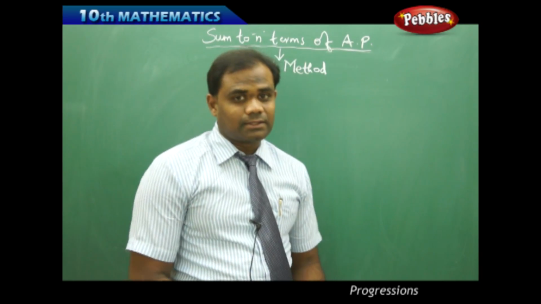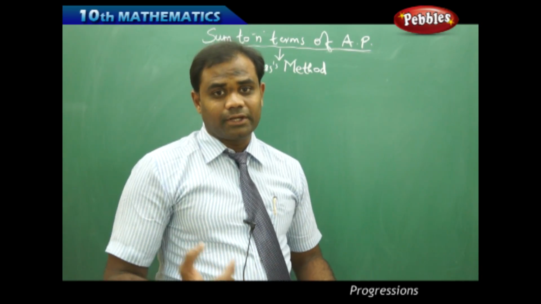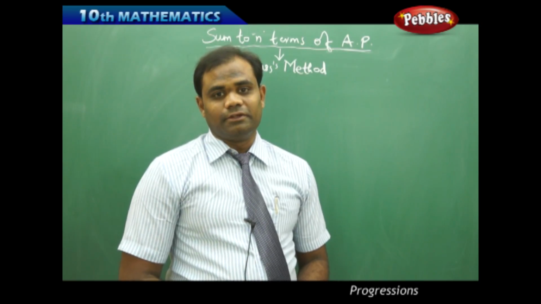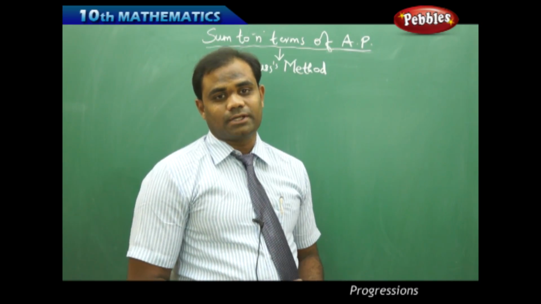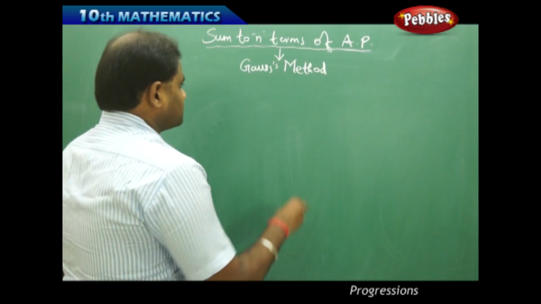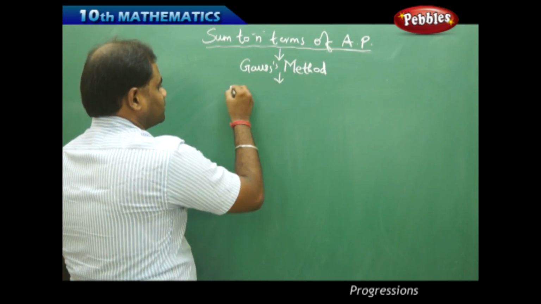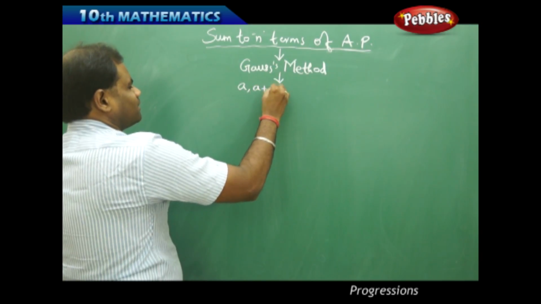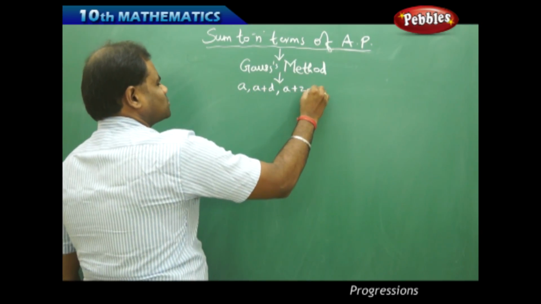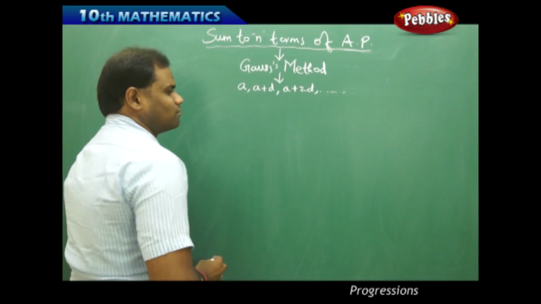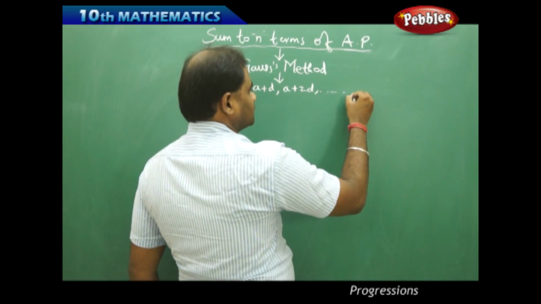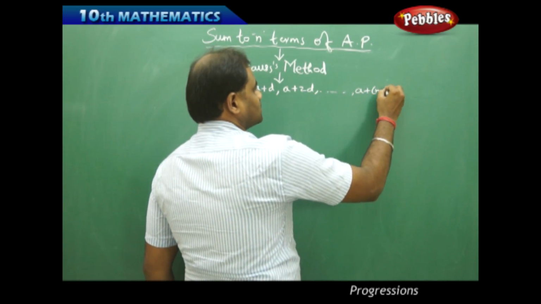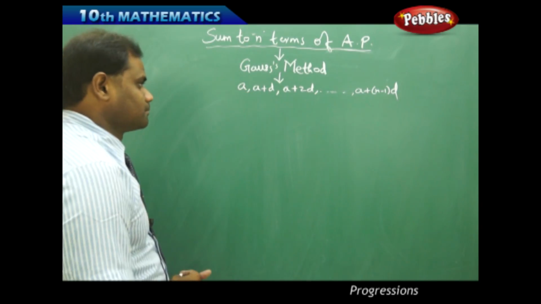In order to do that, let's consider the general arithmetic progression which we have already discussed in the previous sessions. The general arithmetic progression here is a, a plus d, a plus 2d, so on and so forth, finally leading to the nth term a plus n minus 1 times d.